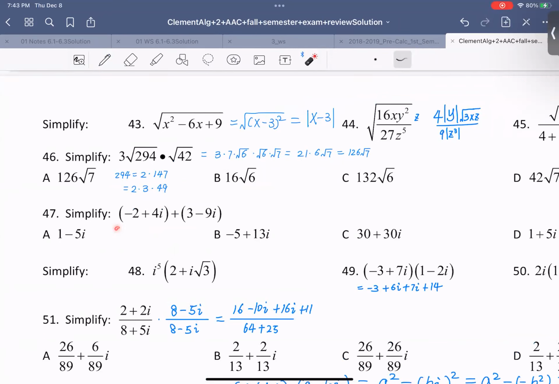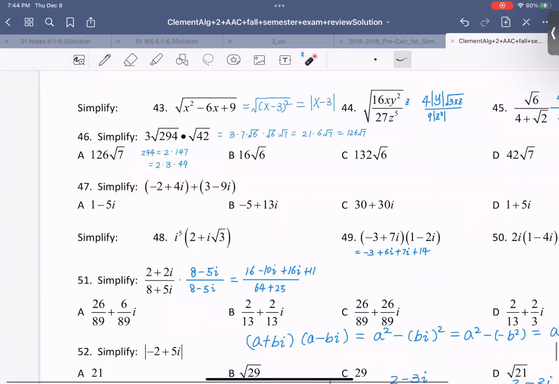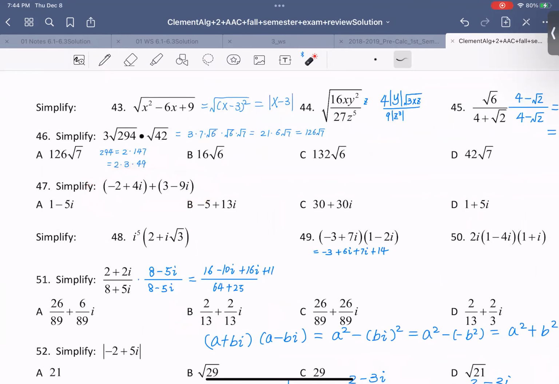Okay. When you see numbers that are strange, that you don't feel familiar with, try dividing by some simple number, either 2 or 3 or 7, and you might find out how you can simplify. That's the easy part.